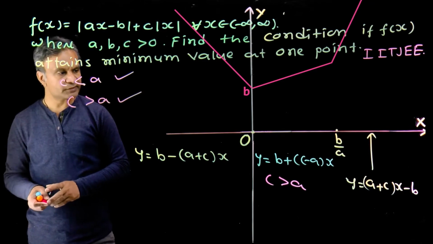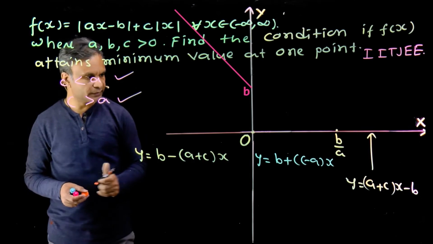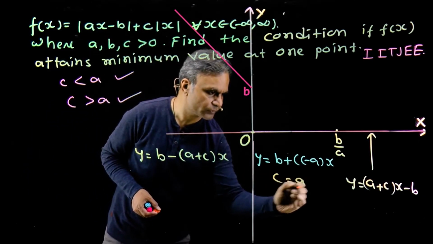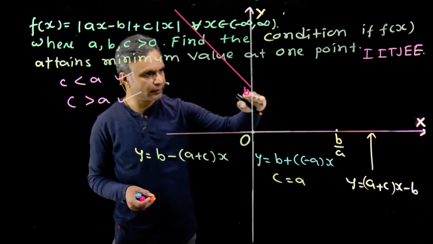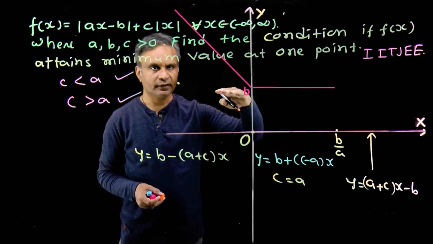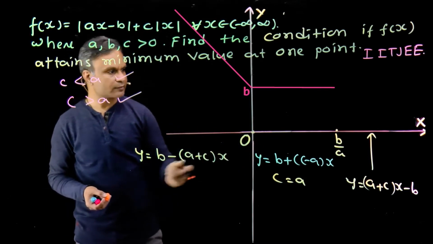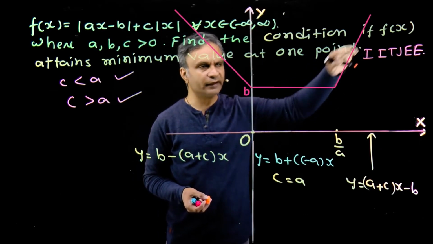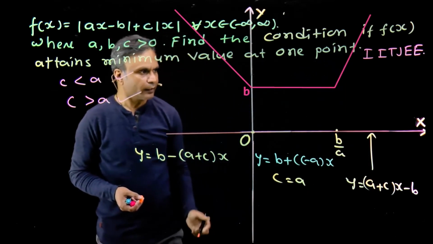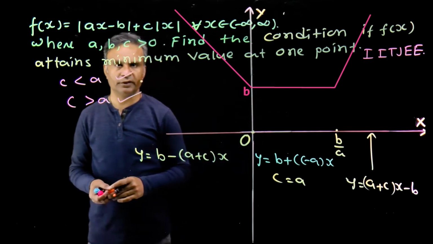Now we consider the case when c is equal to a. For c is equal to a, slope will be 0. Then in this region we will have this line segment, a line segment parallel to x-axis because slope is 0, and slope of this line is always positive. So here in this region line will be like this. In fact, ray. Now here we have infinite points of minima.